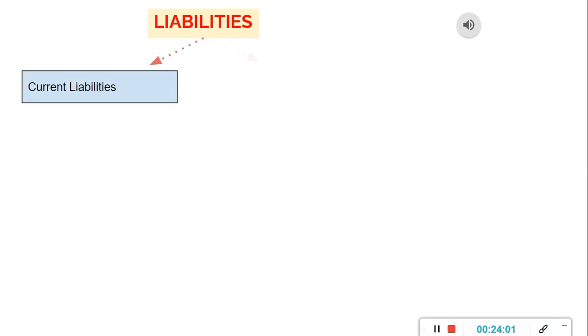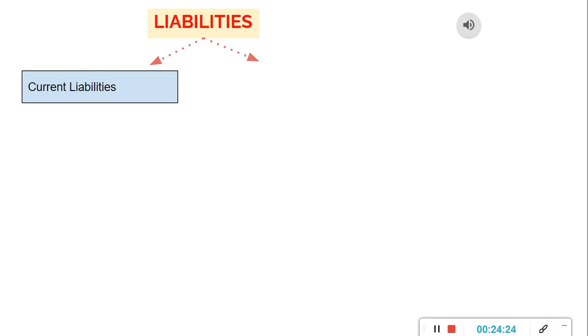Now let's discuss types of liabilities. Liability, we already discussed that it's a tension for the business, right? It's a burden for the business. It means it's a financial obligation for the business. And one more point we have discussed: whatever amount the owner is investing for his business is considered a liability for the business towards the owner.